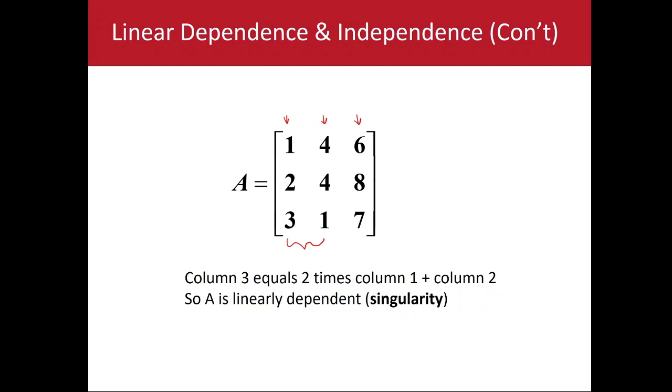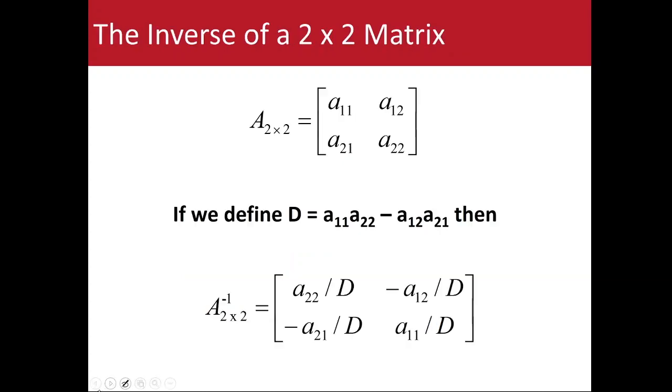And in this case it is 2 times column 1 plus column 2. This is also a linearly dependent matrix because column number 3 is calculated from a linear combination of the first two columns. So this matrix also has a singularity.